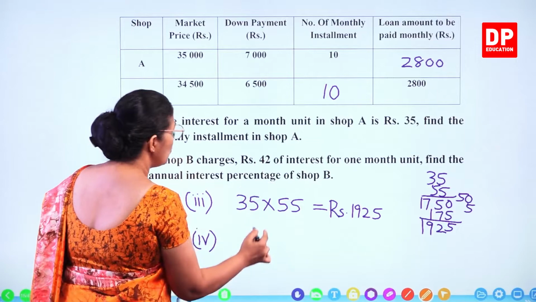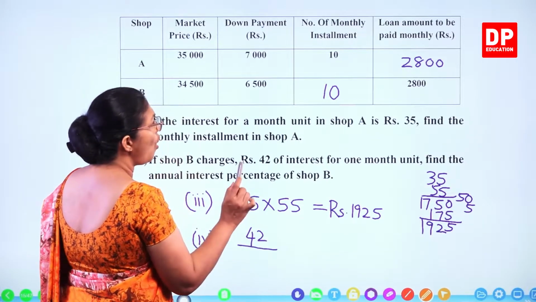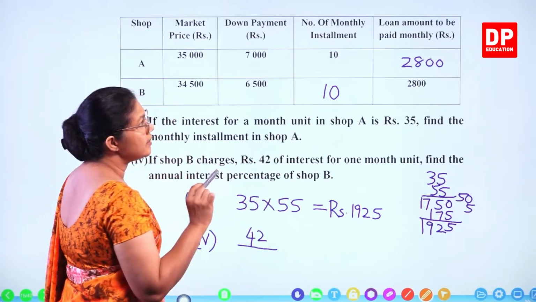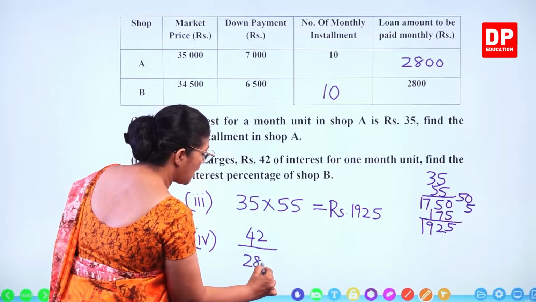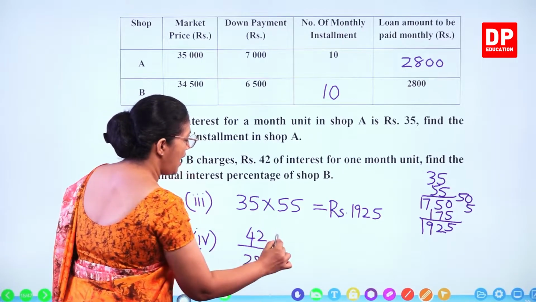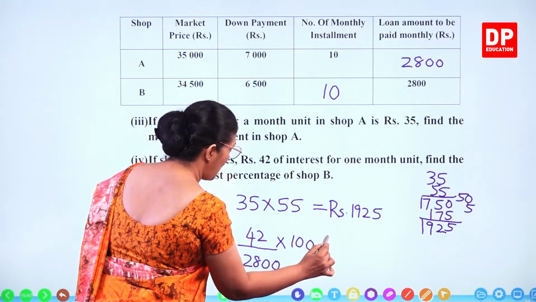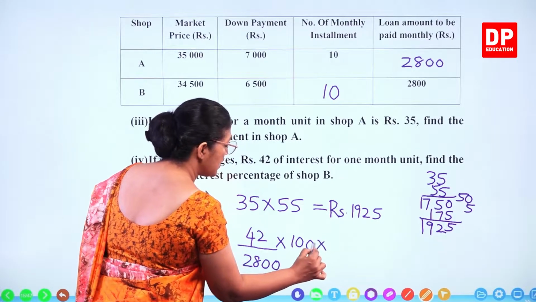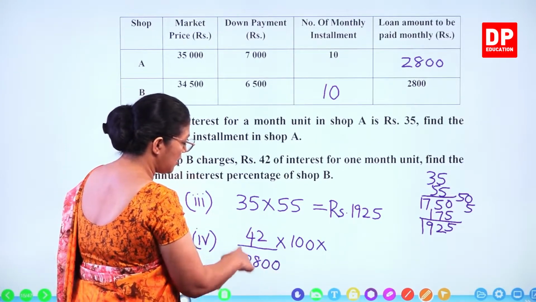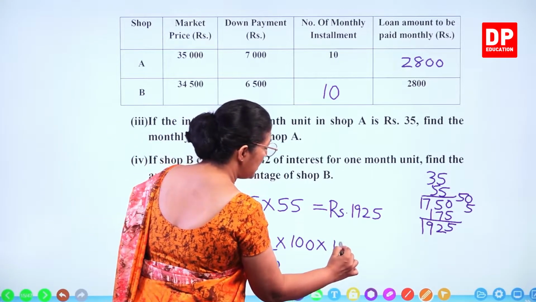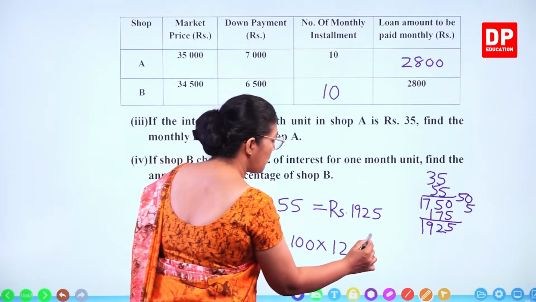Now 42 of interest for 2,800, because in shop B the value is 2,800. And here multiplied by 100% as well as multiplied by 12, because this is monthly value. We need the interest rate for a year.